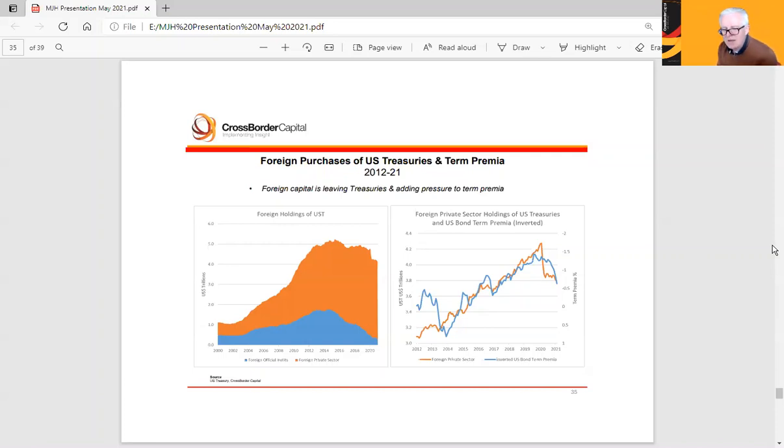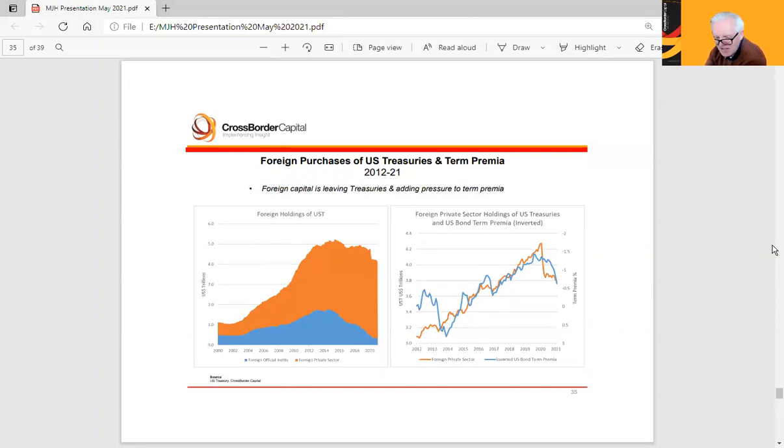And you can see that highlighted in the right-hand chart, which is looking at foreign private sector holdings of US treasuries, the orange line. You can see how that's come down from about 4.3 trillion US dollars to basically 3.8. So, you know, a $0.6 trillion drop over the last 12 months. And the blue line is the term premium on US bonds.